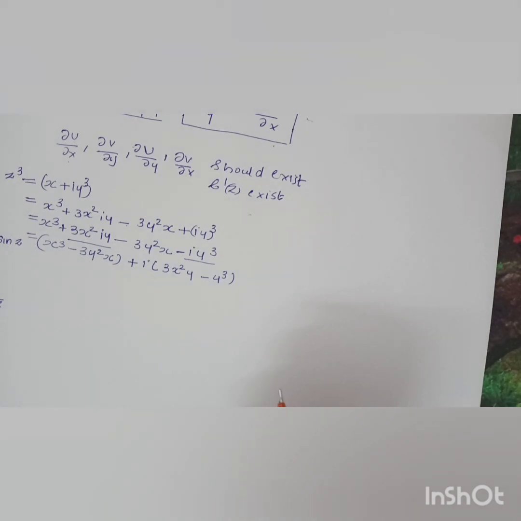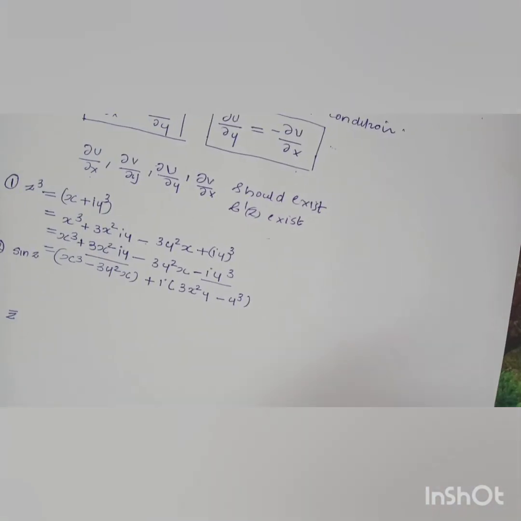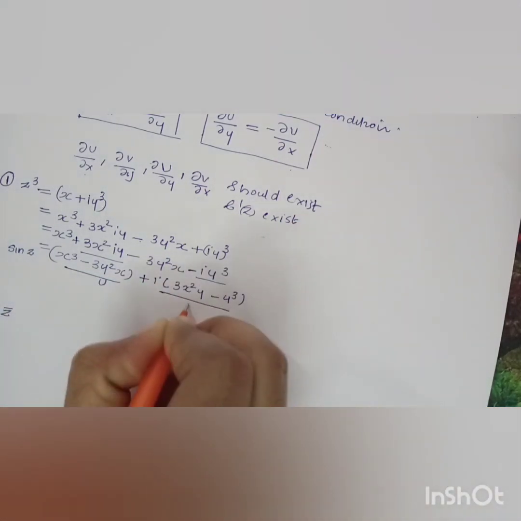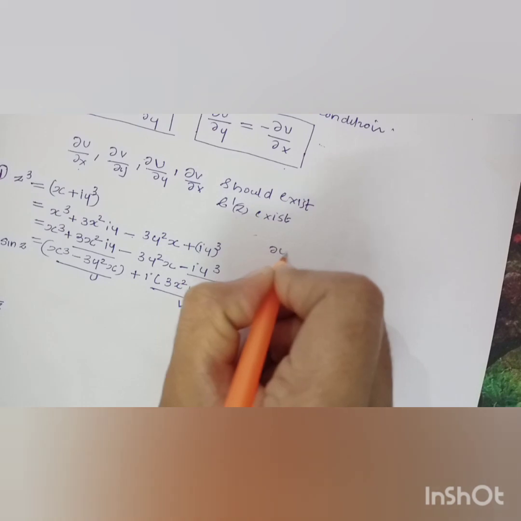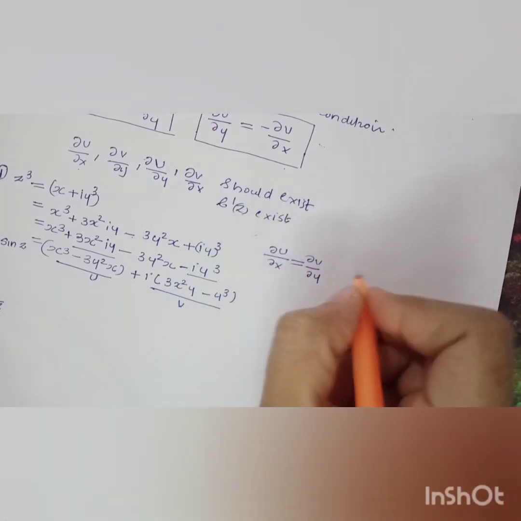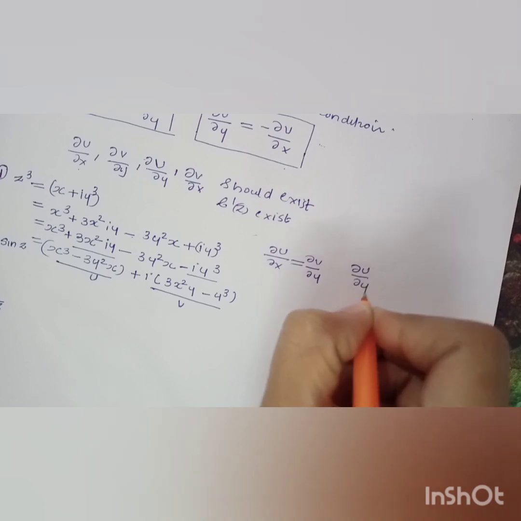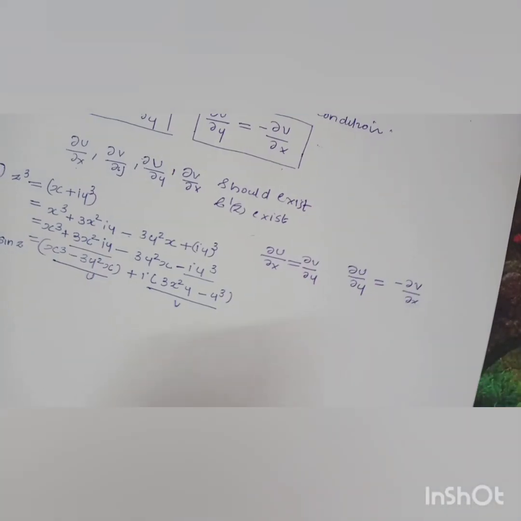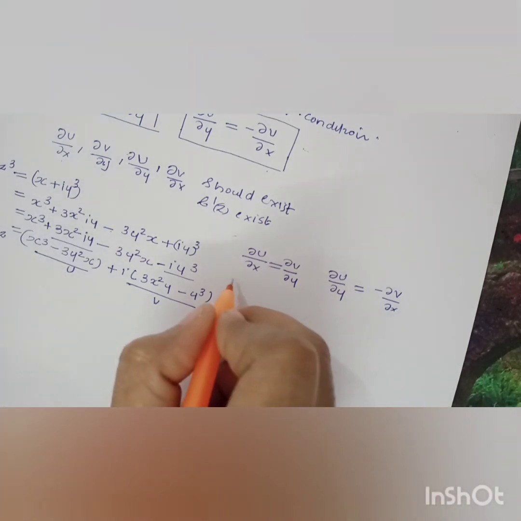So these are the real part and imaginary part of the function, and we have to check the Cauchy-Riemann condition for that. So this is u, this is v. Dou u by dou x is equal to dou v by dou y, and dou u by dou y is equal to minus dou v by dou x. So we have to check this.